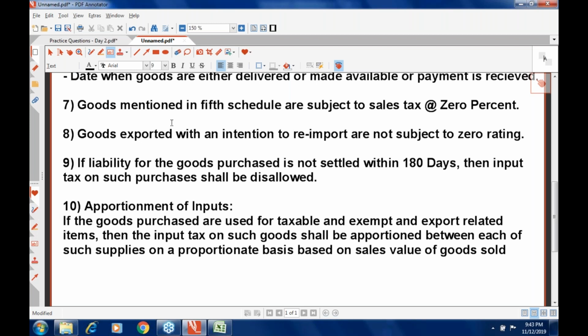So the amount pertaining to the exempt supplies will be lost. The amount pertaining to the export related would be refunded, and the amount pertaining to the taxable supplies will be adjusted.